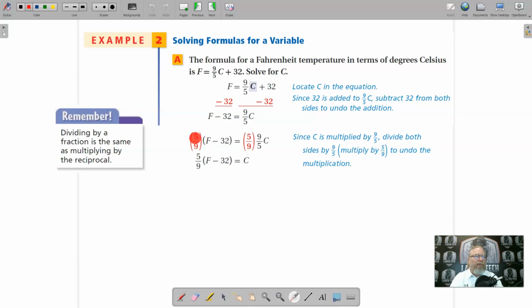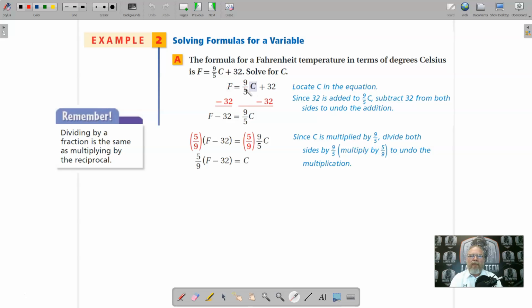Over here, we multiply 5/9 times the left as well, and we get 5/9 times the quantity of F minus 32 equals C.